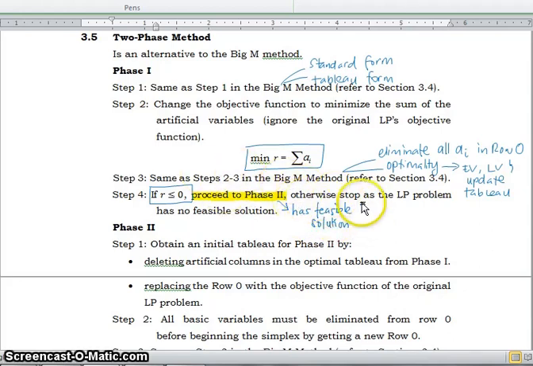But if the value of R is greater than 0, then you need to stop solving the problem because the problem has no feasible solution. If R is greater than 0, the LP has no feasible solution, so you don't have to proceed to phase 2.